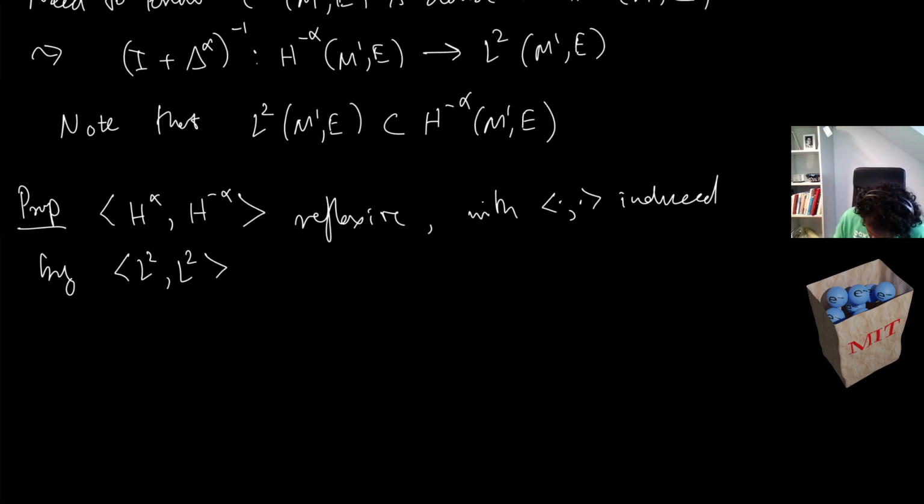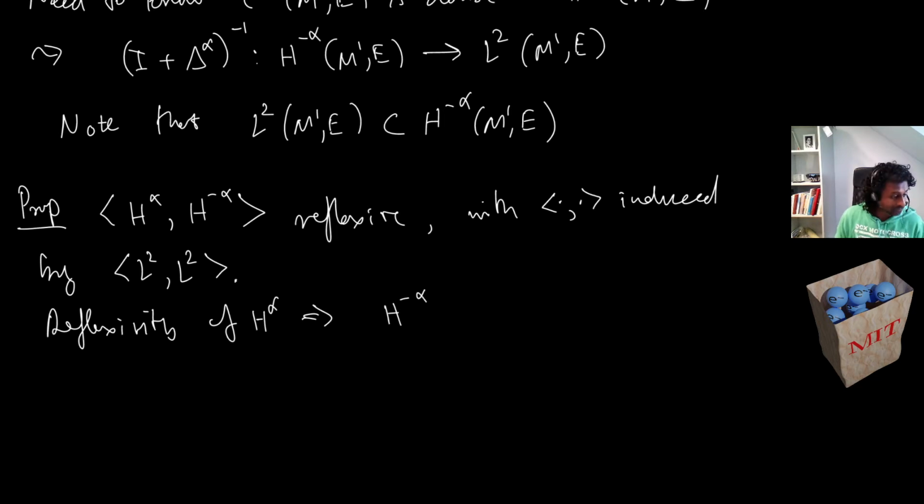Let me just finish this sentence now. So reflexivity of H alpha precisely means that this H minus alpha of M, E prime is Banach space isomorphic to the dual space of H alpha.